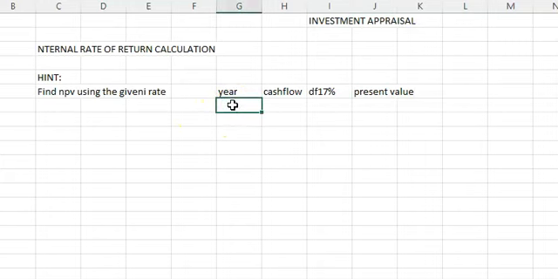For year, others start from 0 up to the last year, but I want us to start from 1, 2, 3, 4.